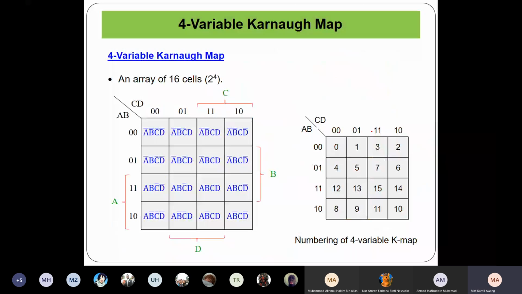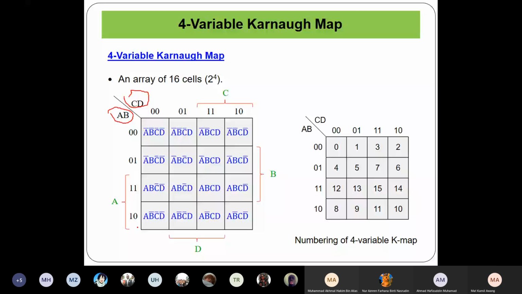This is a 4-variable Karnaugh map. So for 4 variables, you have the variable AB at the row and CD at the column. You have the same thing, 0, 0, 0, 1, 1, 1, 1, 0, and 0, 0, 0, 1, 1, 1, 1, 0.